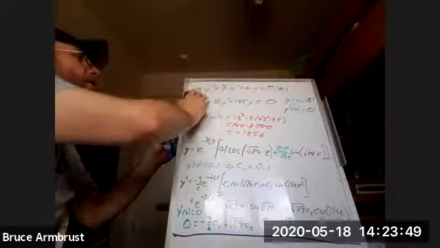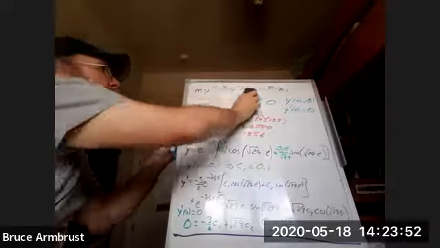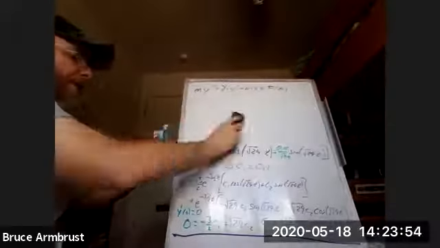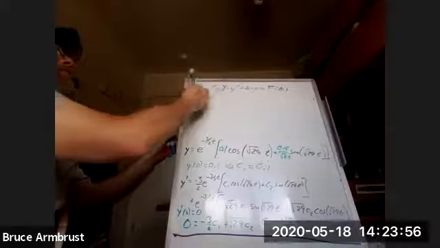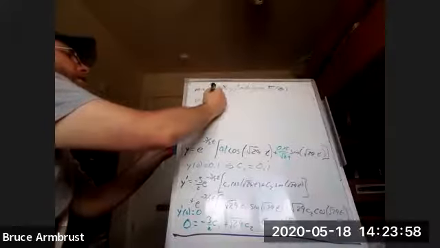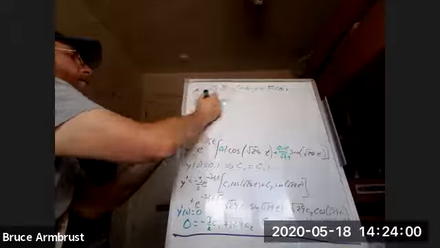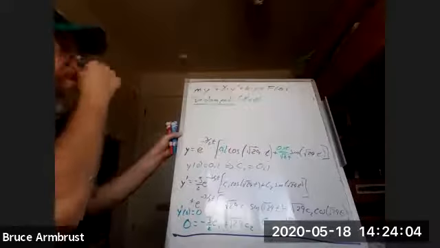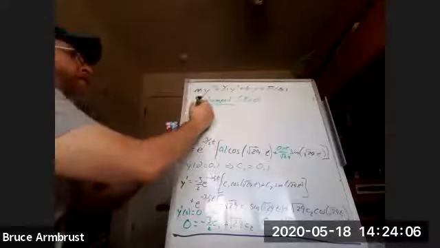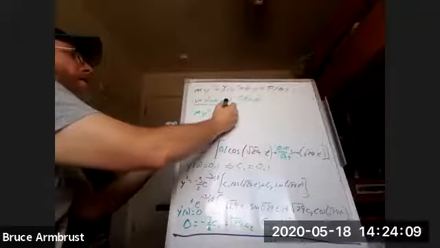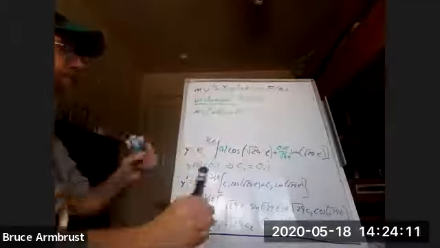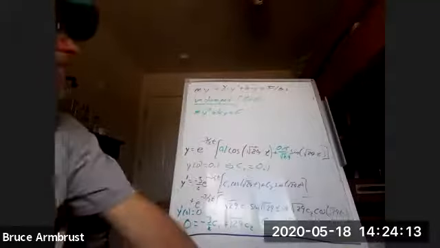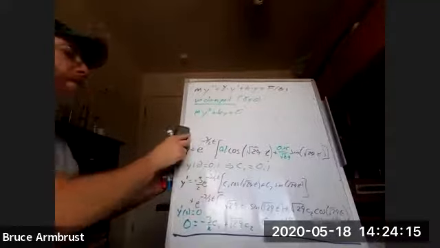But let's start with undamped. Okay, so let's look at what happens if this is undamped. In undamped, that means gamma is equal to 0, which changes this guy to my double prime plus ky equals 0.